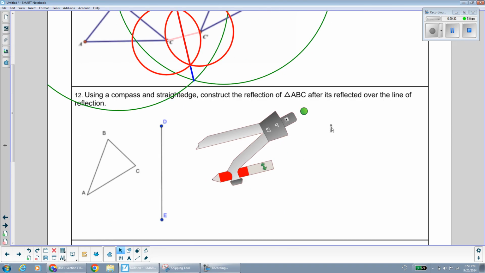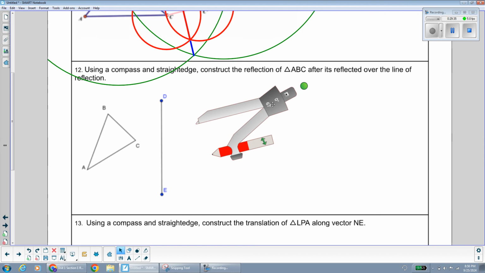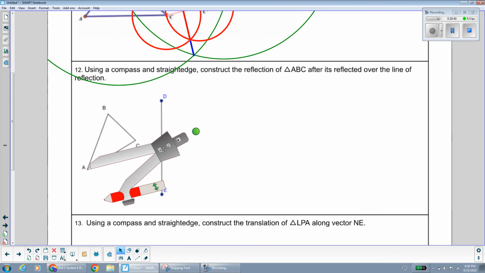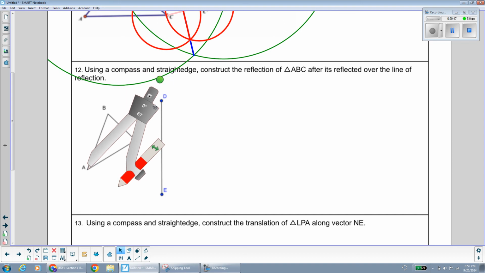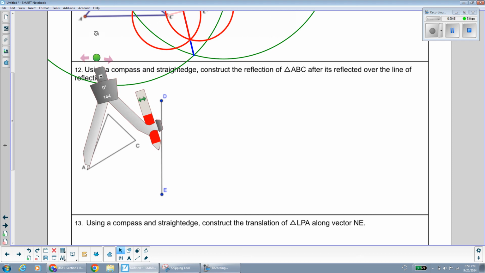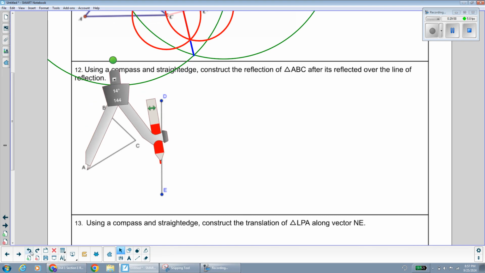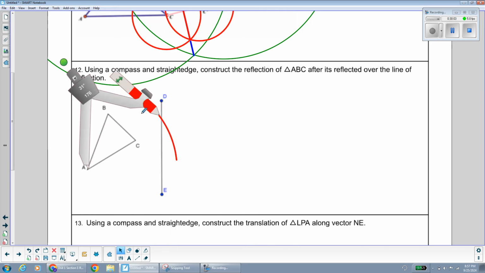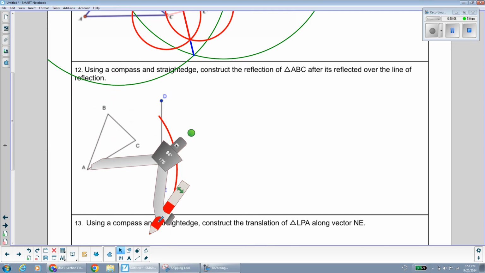This one's going to take a few because we have to do a lot of perpendicular lines through a point. Let me start with the ones furthest away because they're harder. I'm going to start with A. I'm going to put my compass on point A. The exact distance doesn't matter, but I do want to make sure it's going to hit the line in 2 spots.